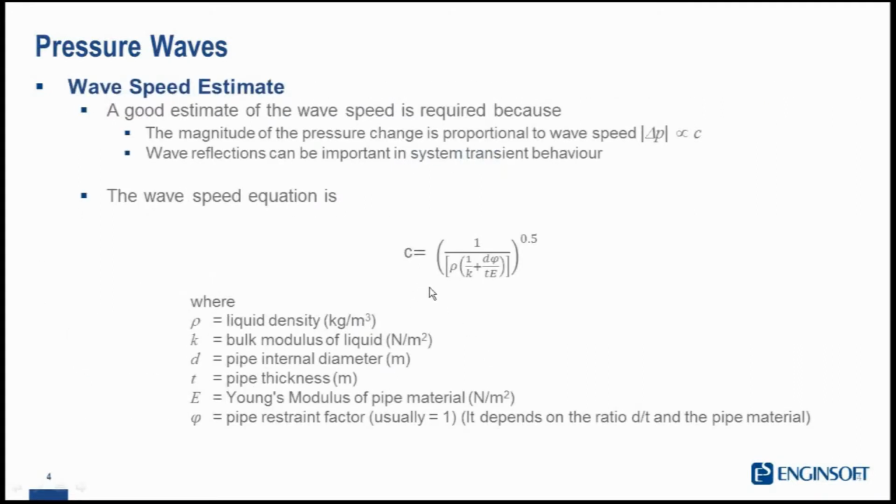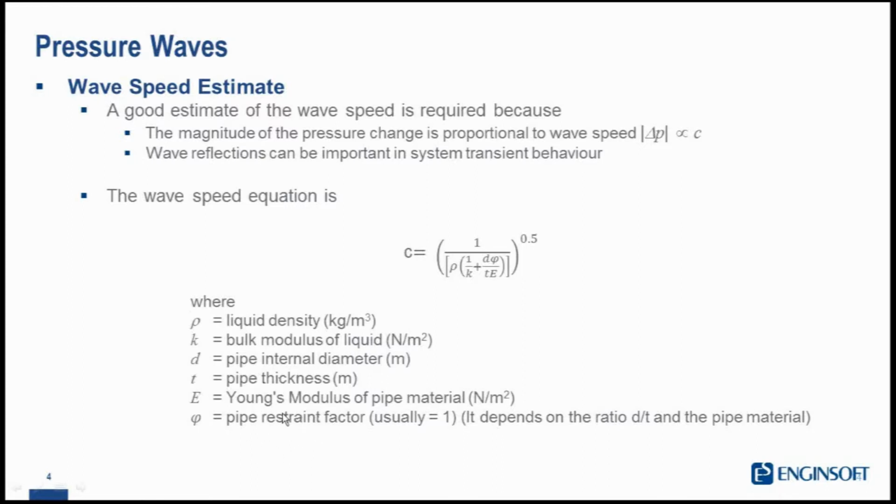Just to collect the information about the celerity, the wave speed is directly connected to all these parameters: the liquid density, the bulk modulus of the liquid, the pipe internal diameter, the thickness of the pipe, the Young modulus of the pipe material, and the pipe restraint factor.